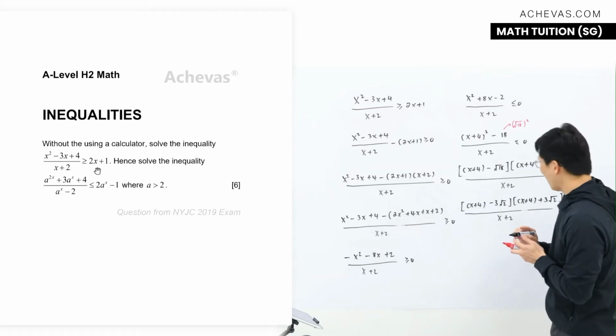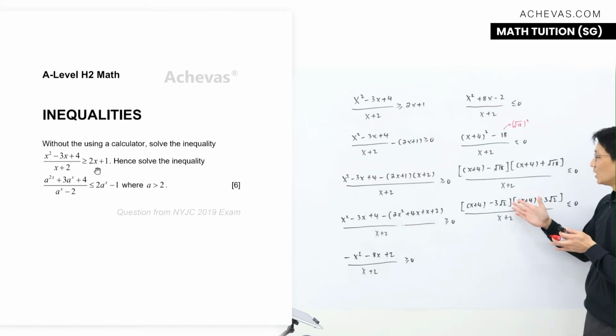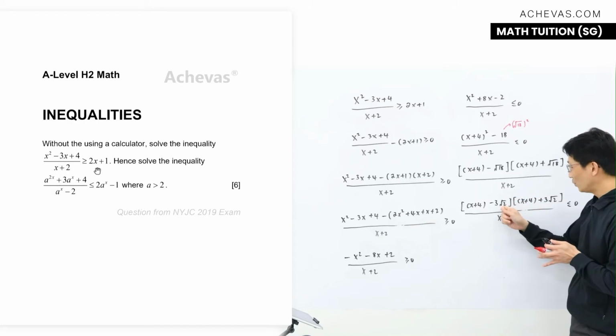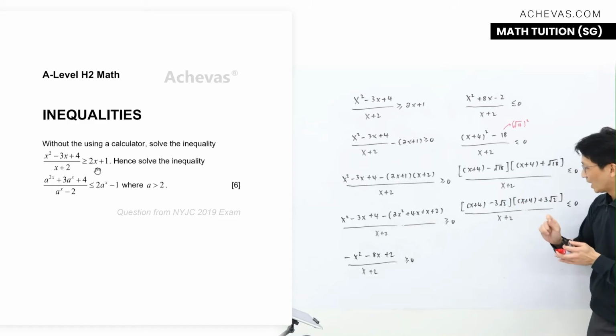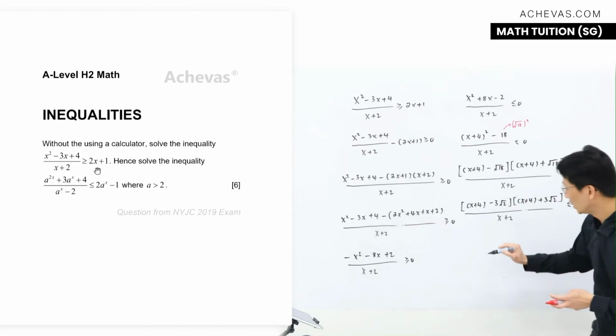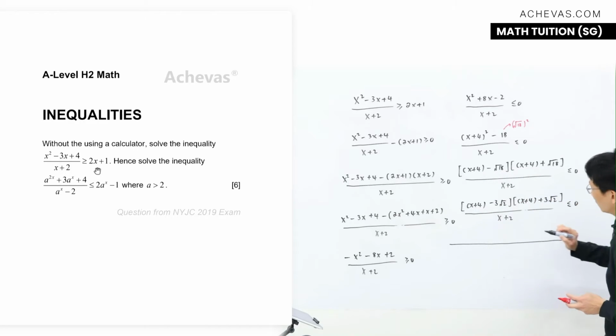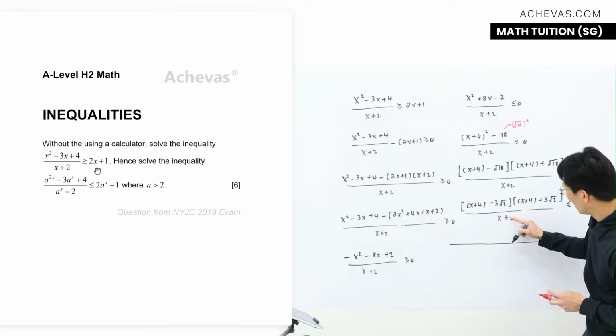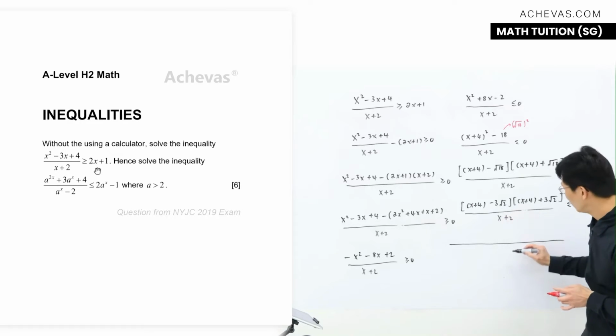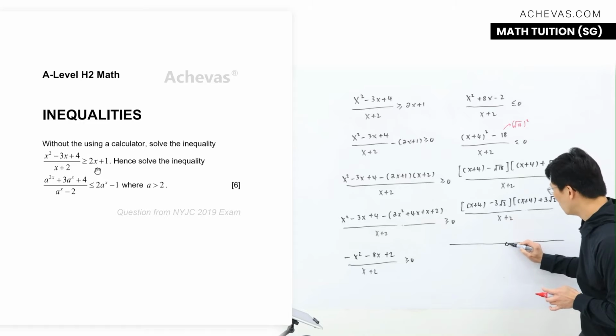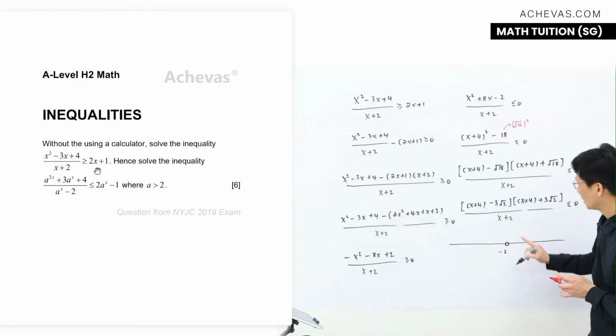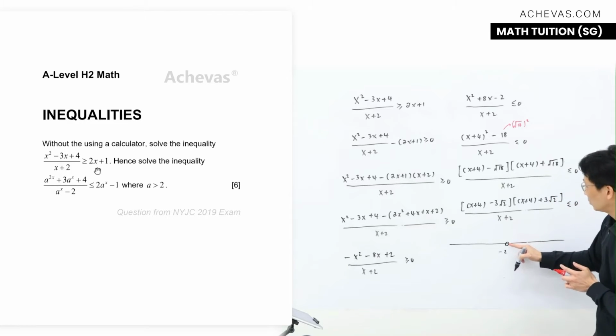So now we have the linear expression form already. We can identify there are 3 roots here: 1, 2, 3. I think we can draw a number line already. The first point I'm going to look at is one of the roots, minus 2. For this minus 2, I will put an open circle to indicate I'm not supposed to include minus 2.